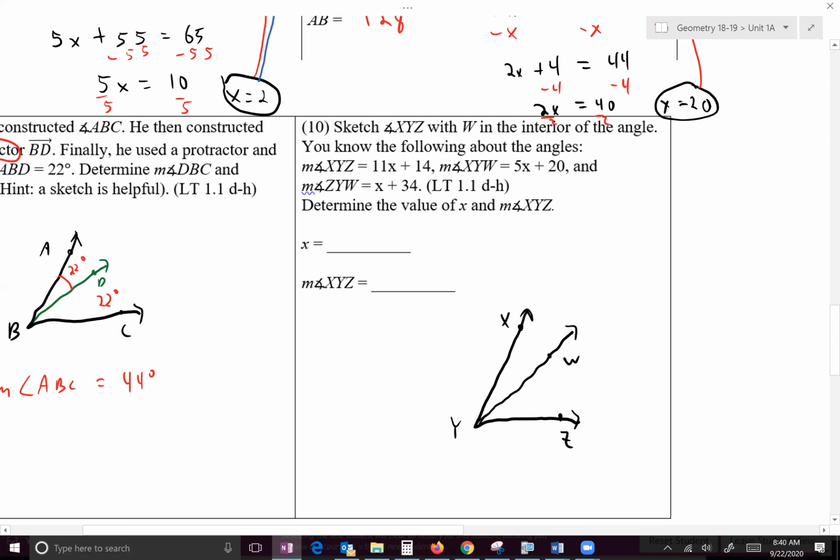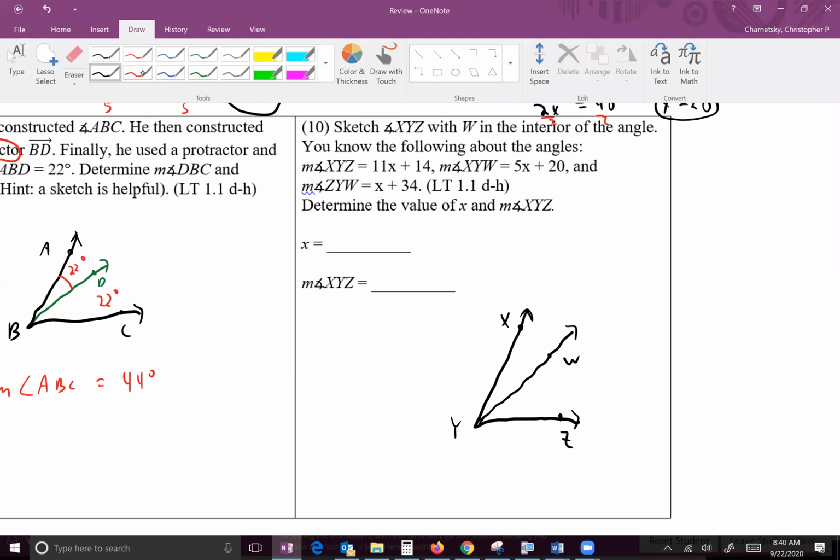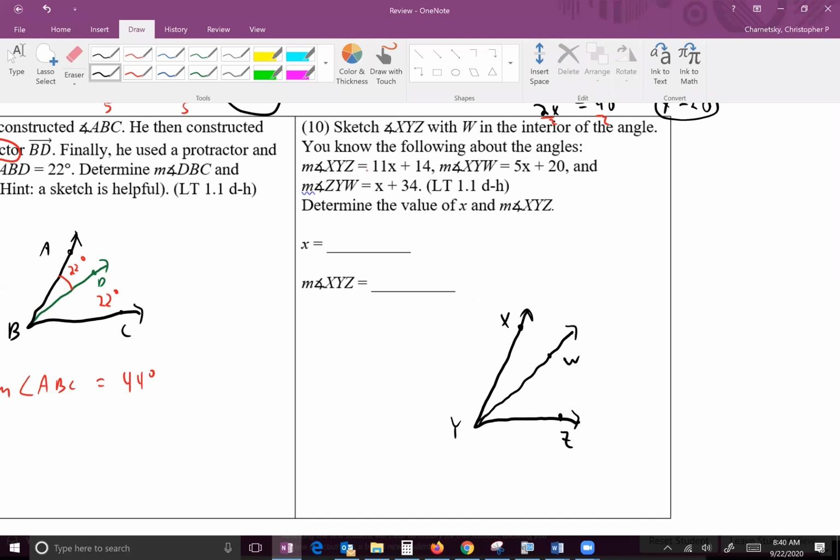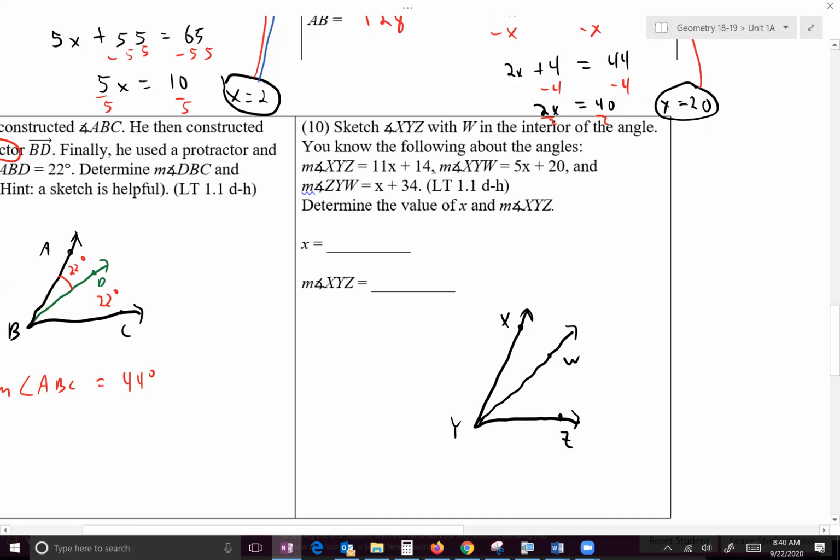So now we've got to just kind of label these accordingly. So for XYZ, angle XYZ, that's the entire measure. That's 11x plus 14, okay?